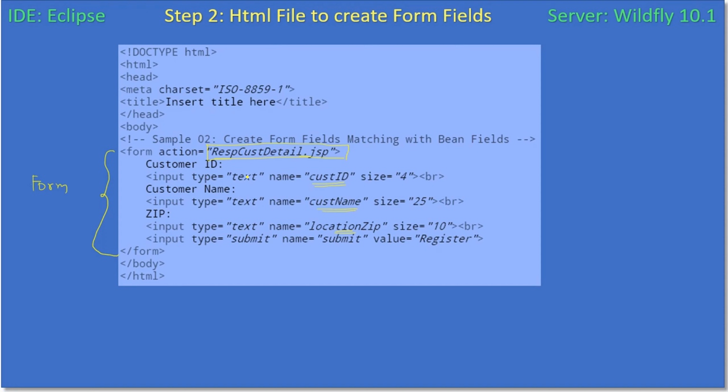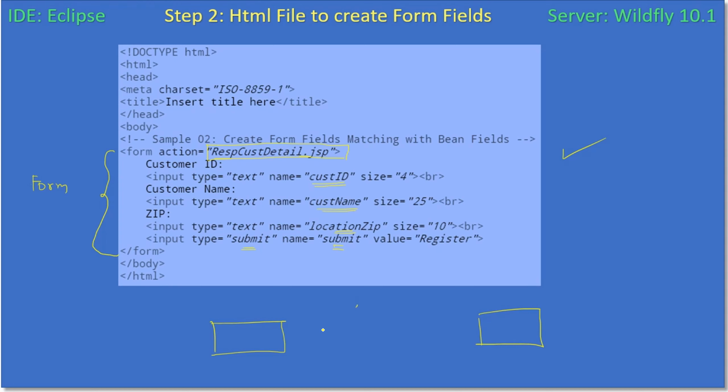The input type is text and its name is matching. And then we have a submit button. So that's all, our HTML part is done. We have the HTML and we have the JavaBean.